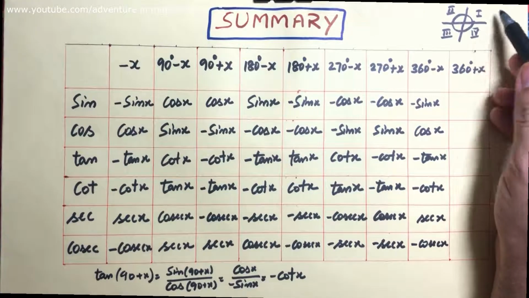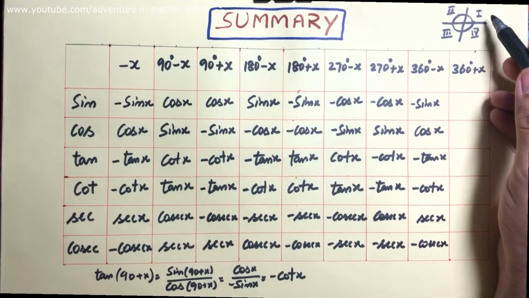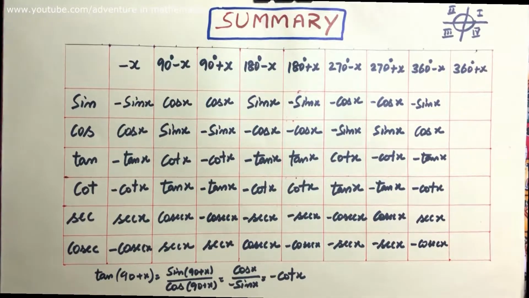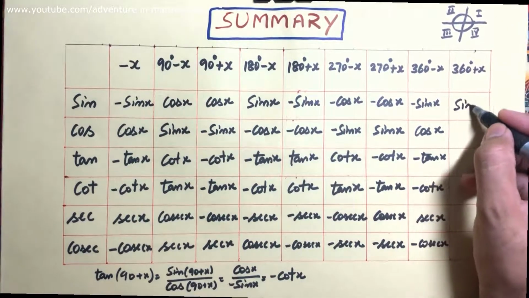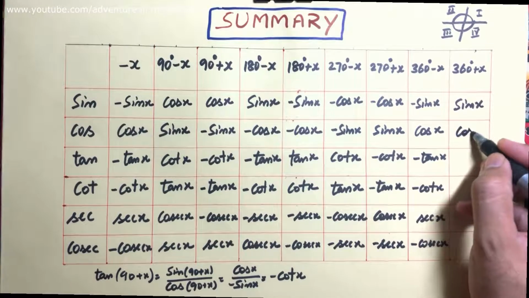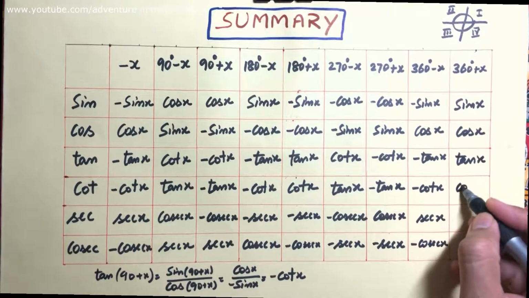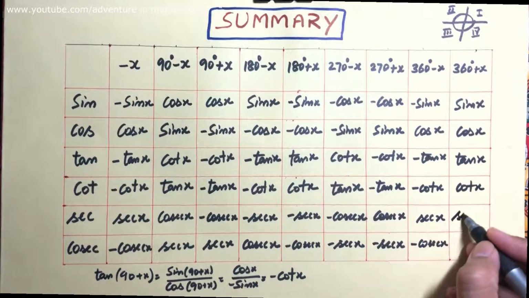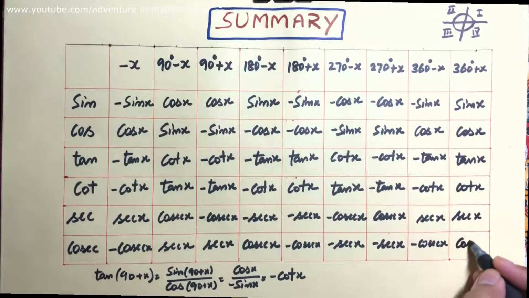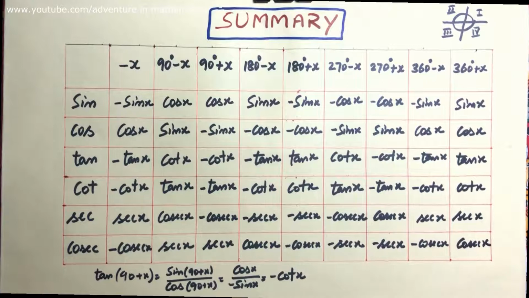We are again in the first quadrant. And what happens in the first quadrant? All the t ratios are positive. So we get sin x, cos x, tan x, cot x, secant x and cosecant x. So this is the formula which is very important for trigonometry, and we will make use of all these in further questions.